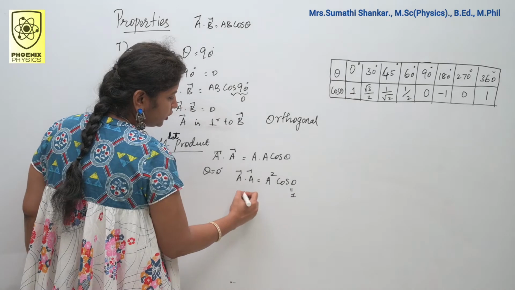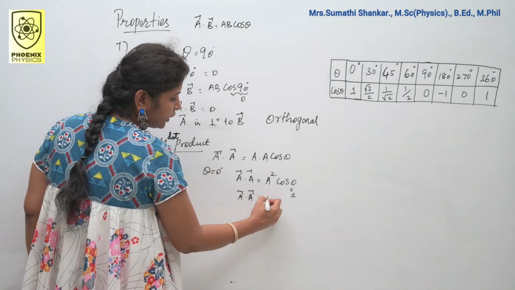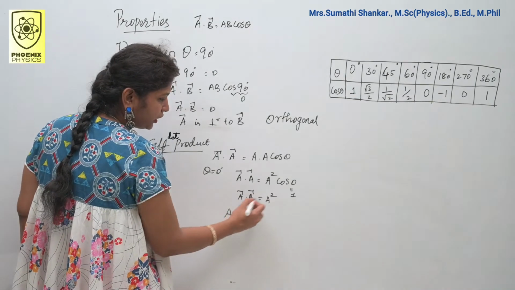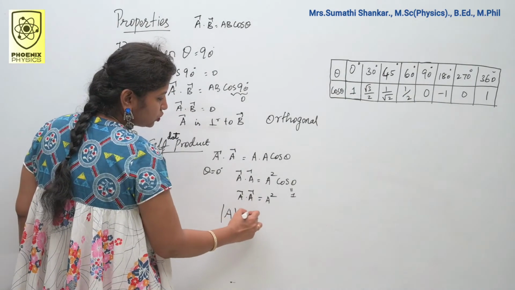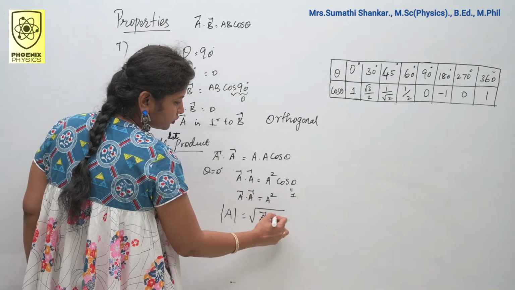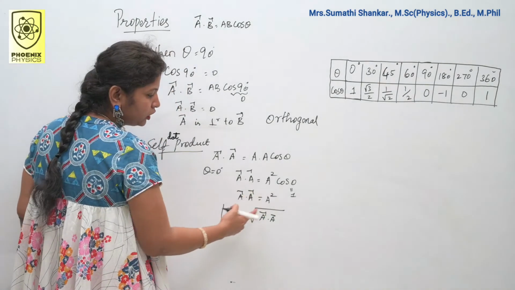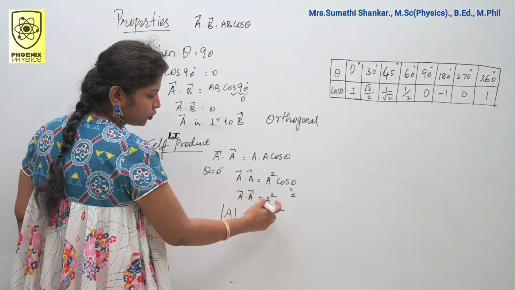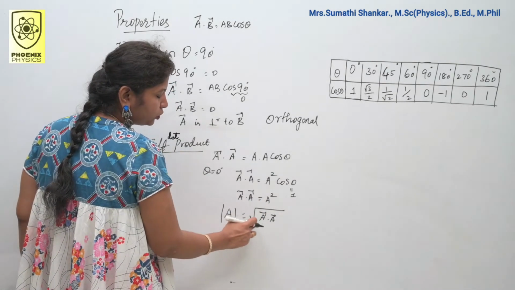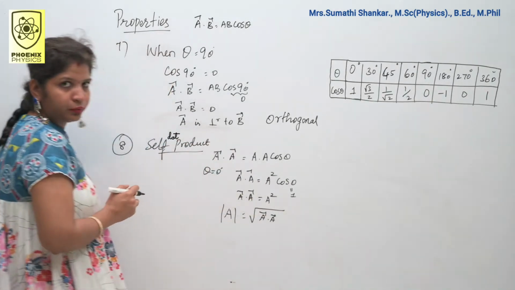So A dot A is equal to A square. Then how do you find A? A is nothing but the magnitude. Because of A square, I am taking the square root. So the modulus of A is equal to the root of A dot A.